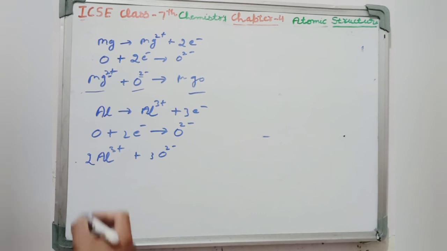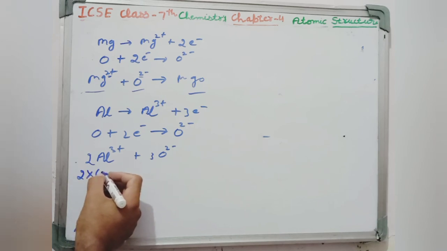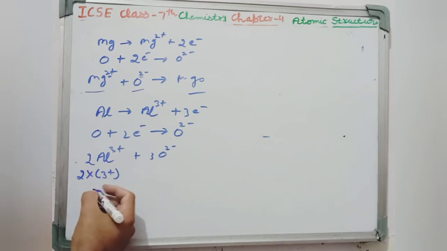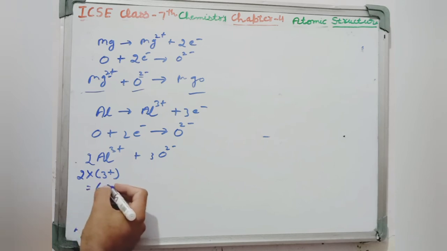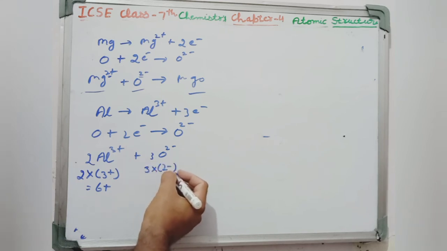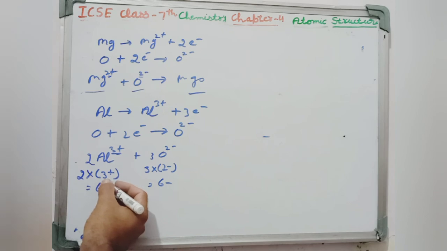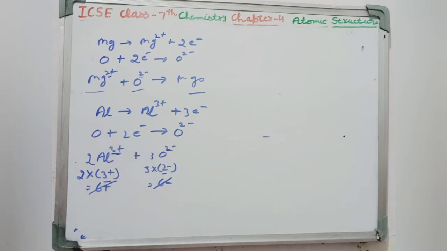What have we done? 2 multiplied by 3 plus equals 6 positive. Right? Here we have done 3 multiplied by 2 minus equals 6 negative. This 6 positive and this 6 negative, we have to cancel their effect. 6 minus 6 is 0.